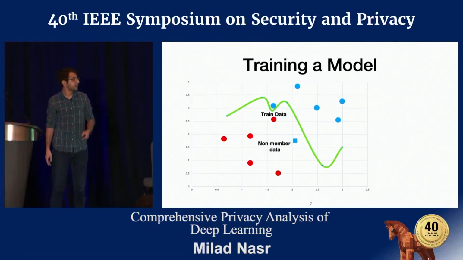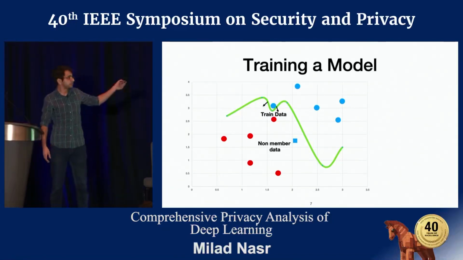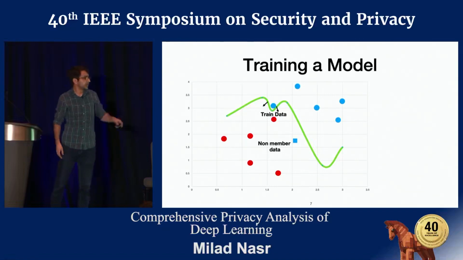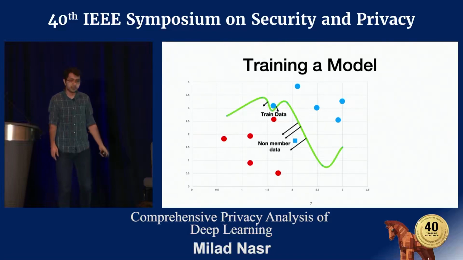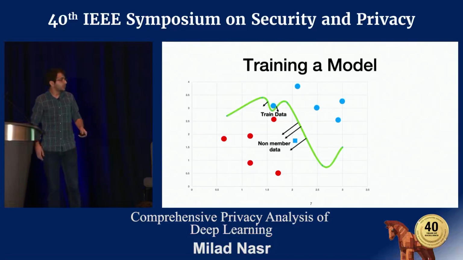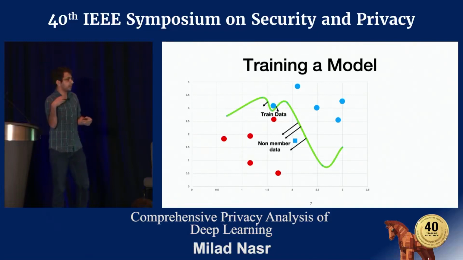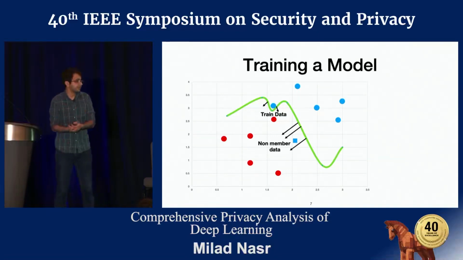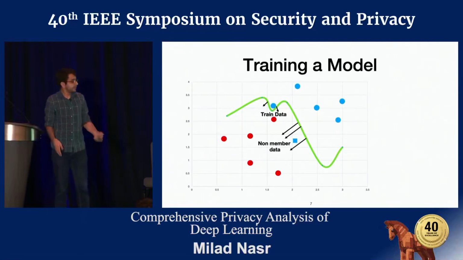As a result, the gradient vectors will have a much smaller size. If you compute the gradient for the blue circle, you will have a smaller gradient vector compared to the case when you compute it for a non-member data point. This is one of the main reasons we hypothesize that gradients leak information about the training data.